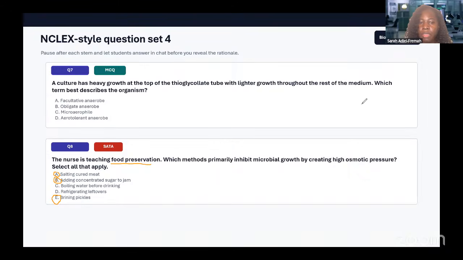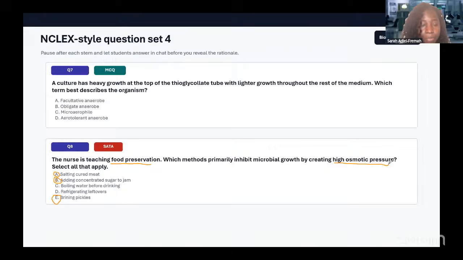Because remember, the question is you are preserving. So you have to think about the preservation. The emphasis is on high osmotic pressure. So in a high osmotic pressure condition, the solute concentration has to be higher. Now the solute could be high sugar concentration or a high salty environment. So those would be what you'll be looking for. Anything which is concentrated will be the best preservation method.